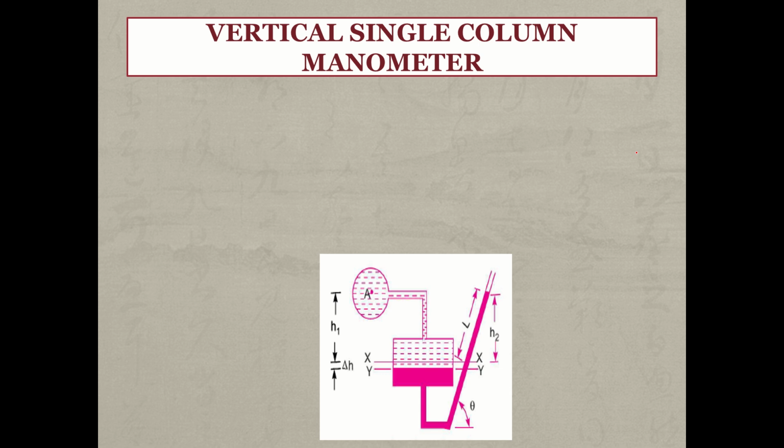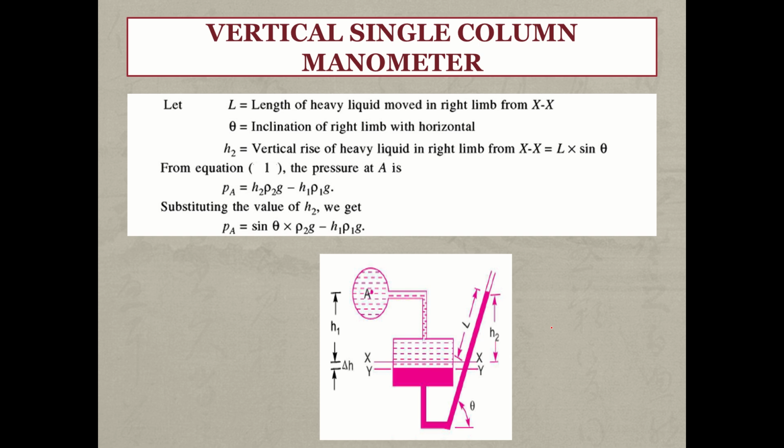If you remember the earlier formula of vertical single column manometer, the same will be here also, but in the place of H2 we will have a small difference. So L is the length of the liquid moved in the right limb, okay, and theta is the inclination of the right limb with the horizontal. H2 is vertical rise actually, so we are going to convert this inclined rise into a vertical rise, which is simply equal to L into sine theta.